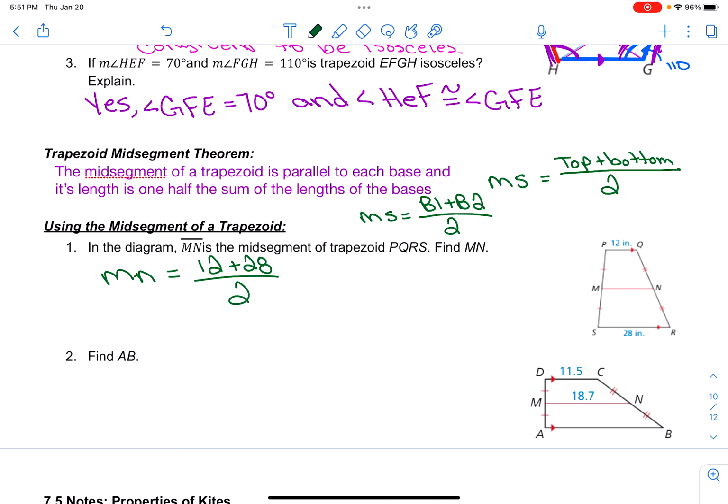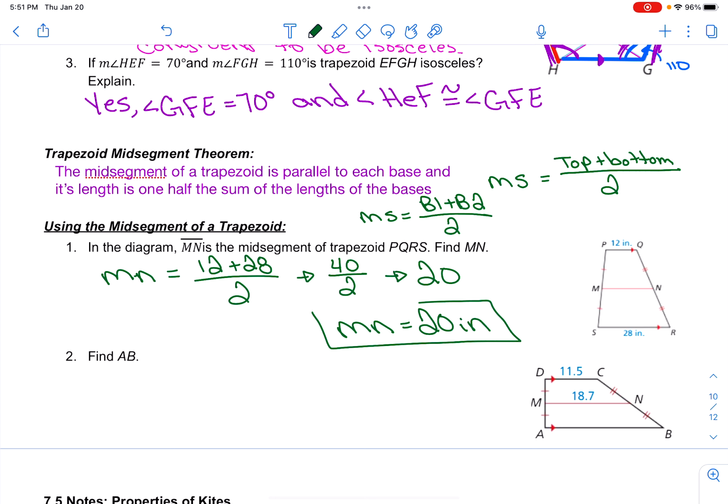That is how you find the measure of your mid-segment. So 28 plus 12 is 40. And 40 divided by 2 is 20. So MN is 20 inches.